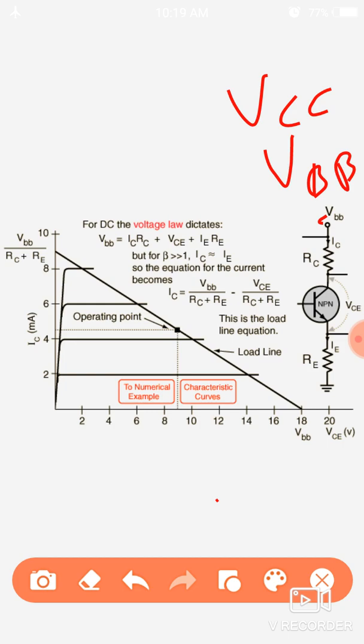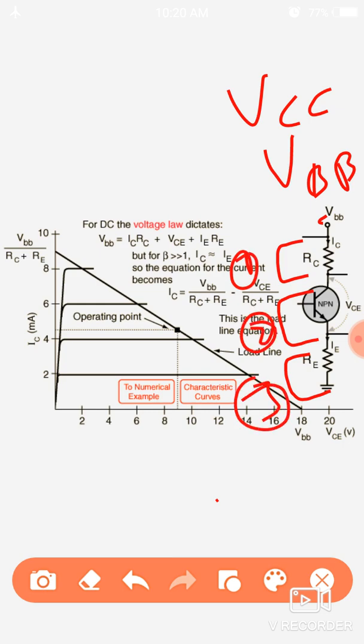Then VBB voltage is applied here. Some voltage drop here, some voltage drop here, and some voltage drop here. The sum of these voltages will equal VCC or here VBB.